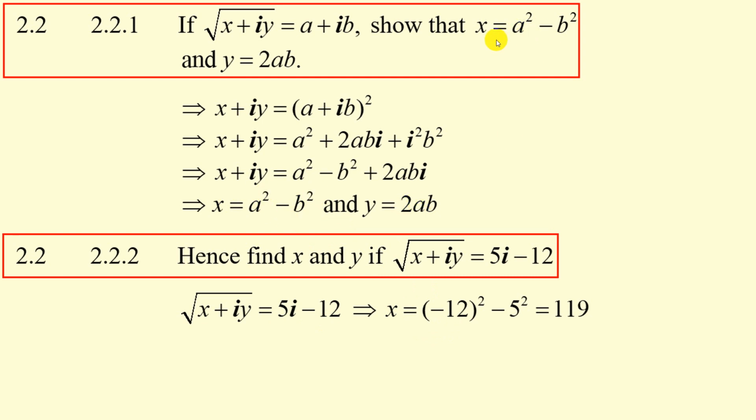There we are. If we have a plus ib, well, this is 5i minus 12, so therefore minus 12 is a and 5 is b. So I'm going to substitute minus 12 for a, 5 for b. x is equal to a squared minus b squared, so I substitute those numbers in for x. And y is 2ab, so I substitute those numbers in for y, 2ab.